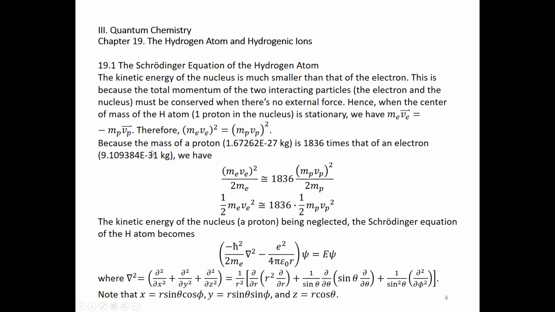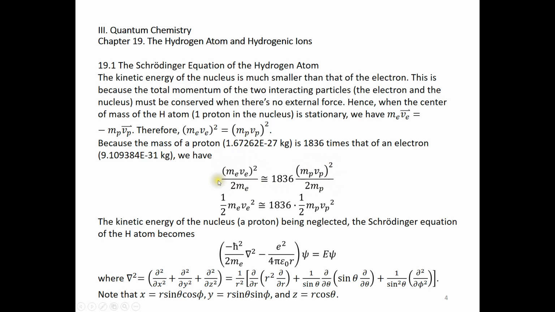Now, because the mass of a proton is 1800 times that of the electron, we have this equation. So me ve squared over 2me is about 1800 times mp vp squared over 2mp. Now look, me ve squared equals mp vp squared. And over here we have the kinetic energy of the electron. Over here we have the kinetic energy of the proton.